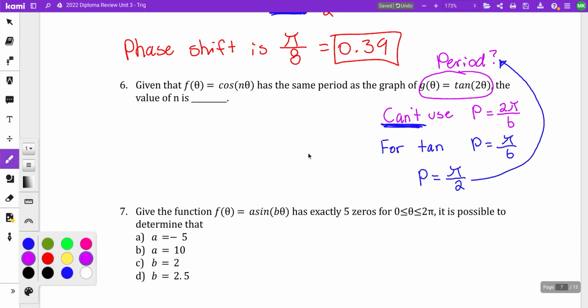My goal was to figure out what value of n would give me the same period. To calculate the cosine period, that would be 2 pi divided by n. I want that to be equal to the other period of pi over 2.